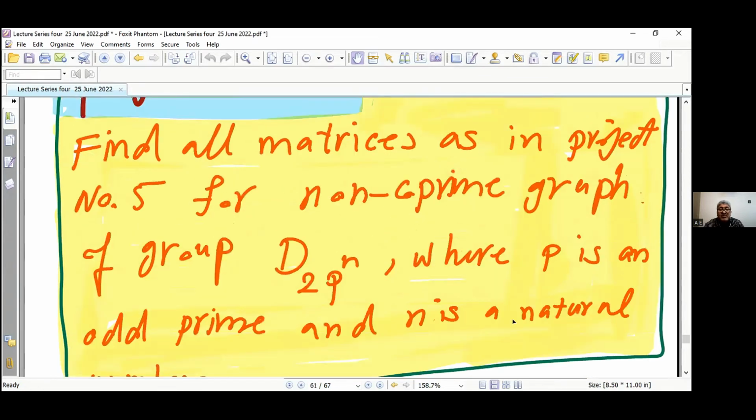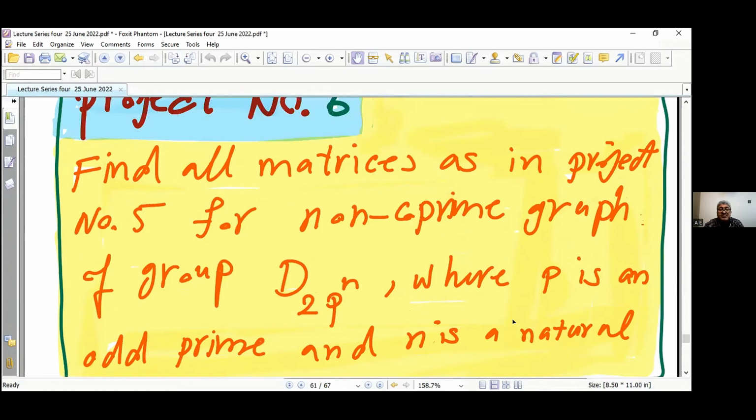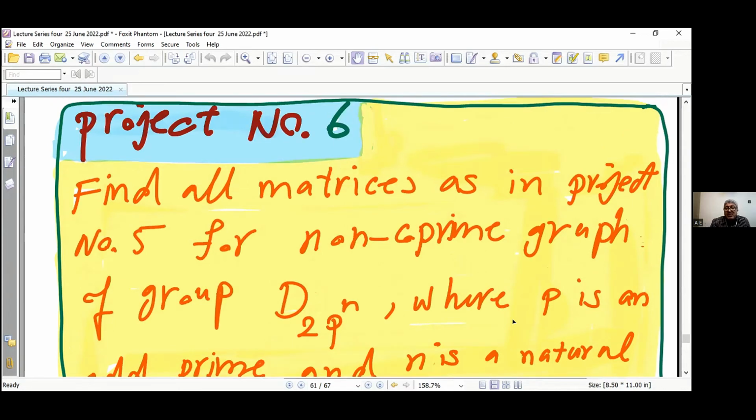Now, project number 6 is that, again, we ask you to find all these matrices, eigenvalues of these matrices and the energy for the non-coprime graph of, again, the dihedral group of order 2 times p to the n, for p an odd prime.